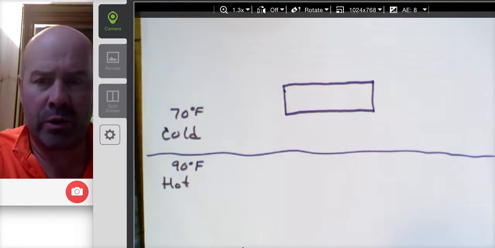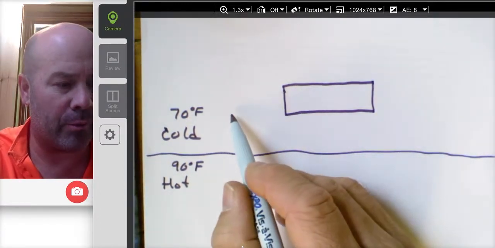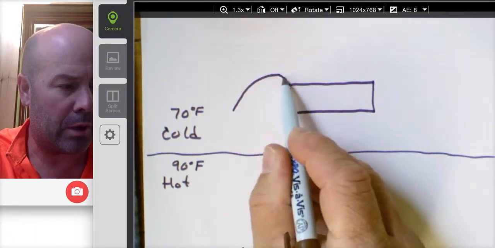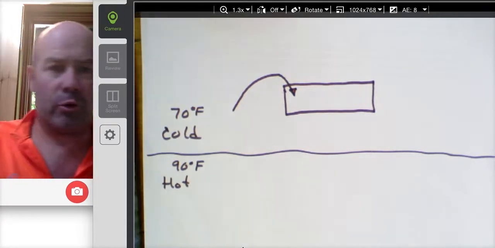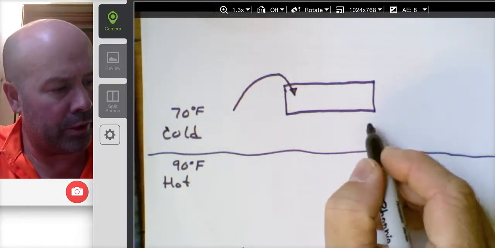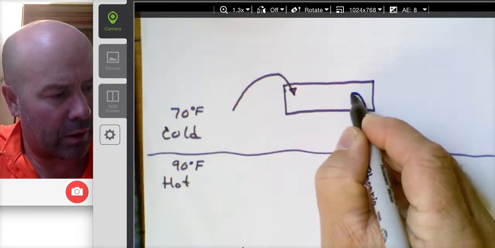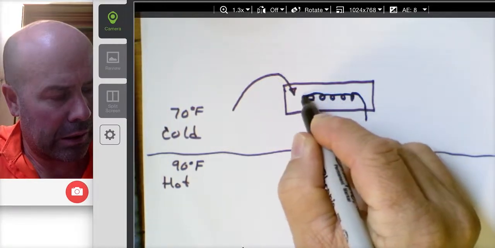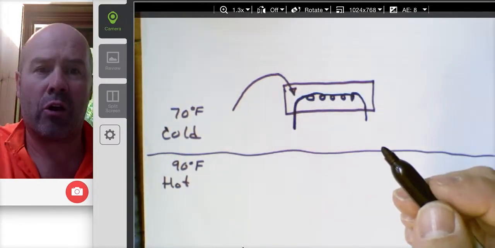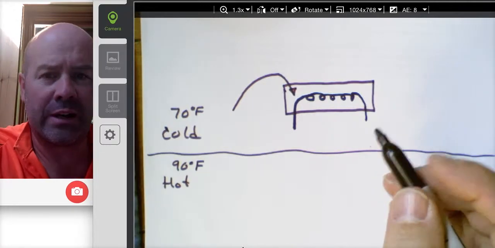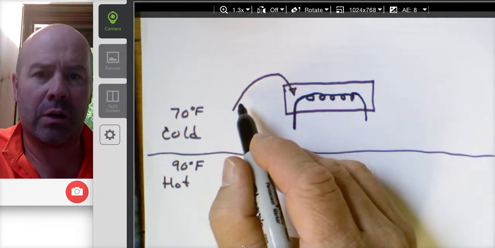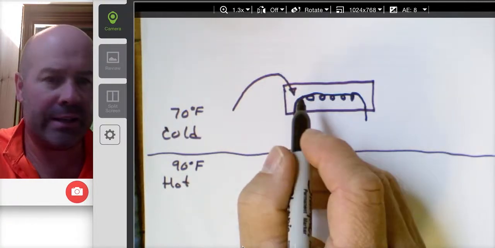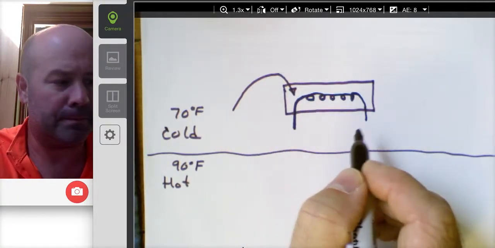And what we do here is we take energy from the room and put it into our working fluid, and our working fluid is the other fluid in the heat exchanger. So we want energy to come out of the room in the form of heat and go into this fluid.